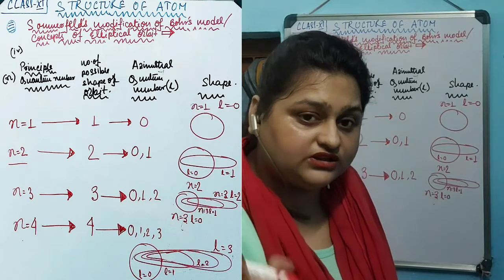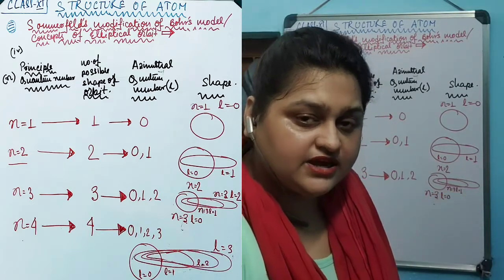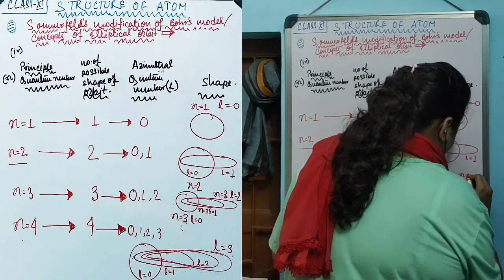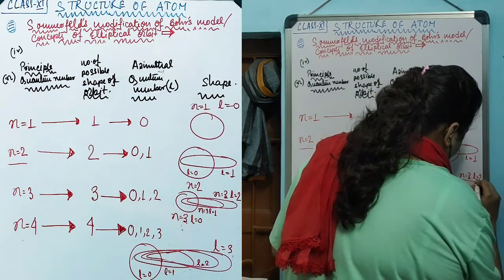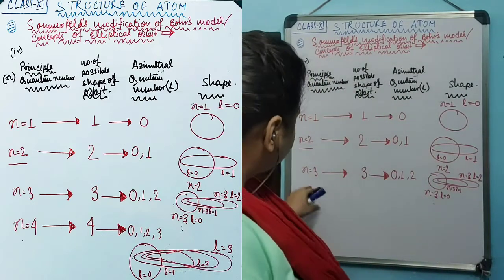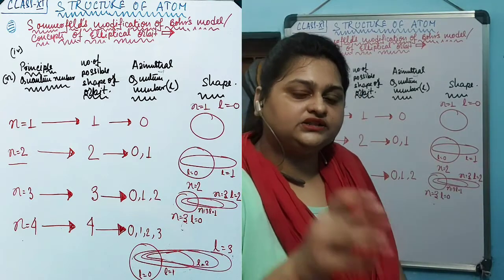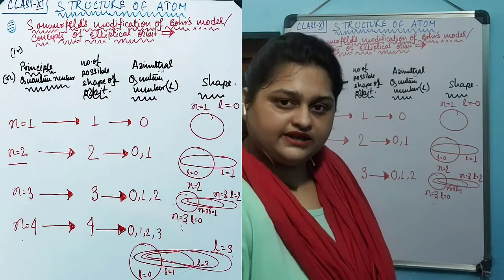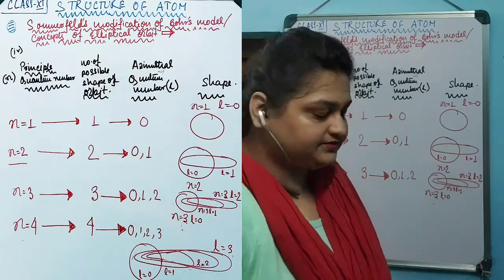And then for the third one, there is another elliptical pathway, a more diffused elliptical path in which the electron can revolve. n for this one is 3 and l for this one is 2. So in the third energy level, the electron can revolve in three different shapes. One circular, another elliptical, and another more diffused elliptical path.